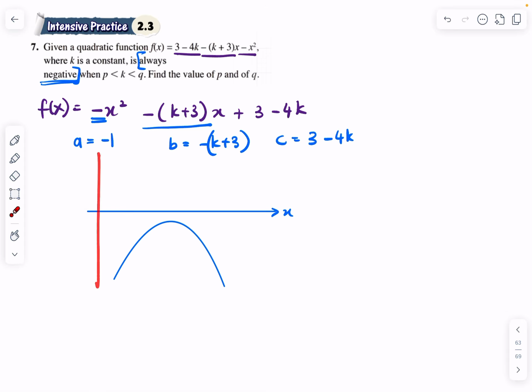Okay, because this is our y-axis. Above this, all positive. Down is all negative. So if the graph is like this, where it doesn't touch the x-axis, the equation would be b squared minus 4ac less than 0.